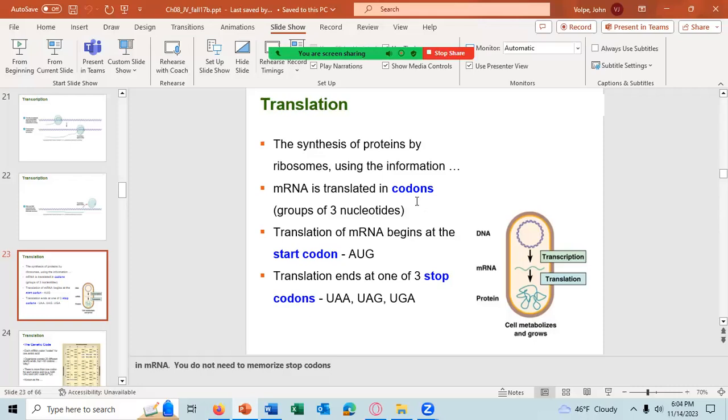And then the ribosome moves down the messenger RNA in groups of 3 nucleotides that we call codons. And then the tRNA reads the messenger RNA in a group of 3 nucleotides, which is the codon. So the messenger RNA is translated into codons, and you need 3 nucleotides to code for 1 amino acid.